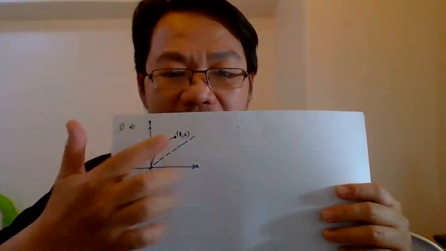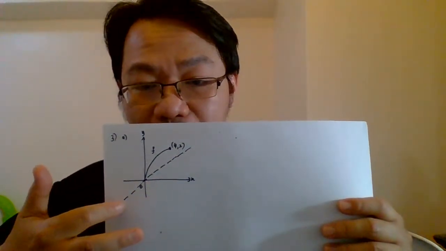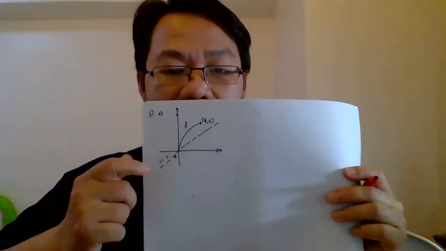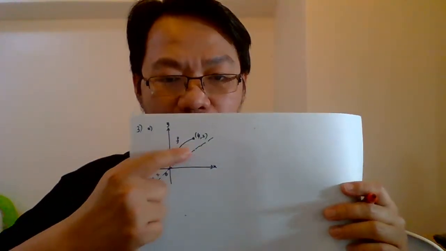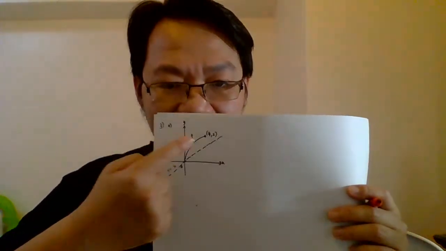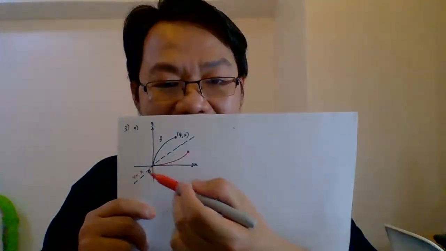This is the line y equals x. Don't forget to label the line. The line y equals x will act as the mirror. So this graph you need to reflect. It will turn like this.